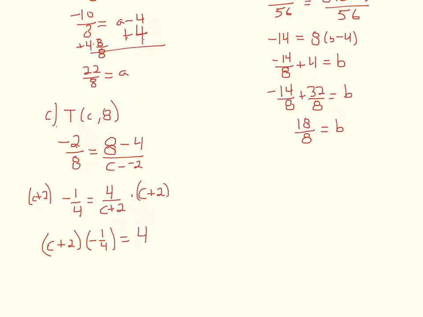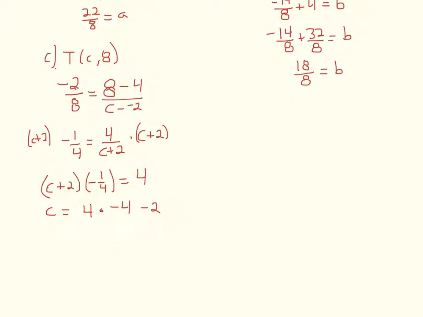And by backtracking here, I'll take my ending number, I'll multiply it by negative 4 to get rid of the negative 1/4, that's multiplying by the reciprocal, and then I'll subtract 2, and that will be my starting number. So I use some backtracking there. So in this case, c is equal to negative 16 minus 2, which is negative 18.